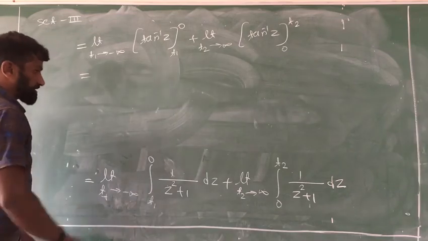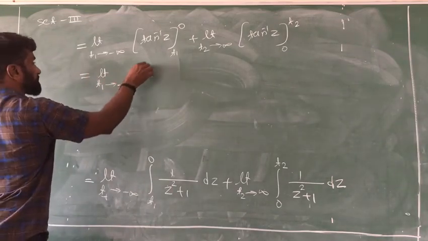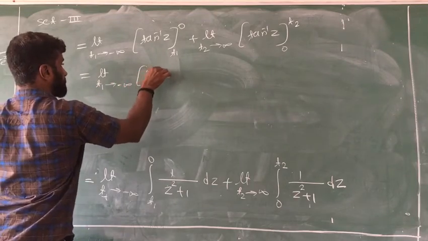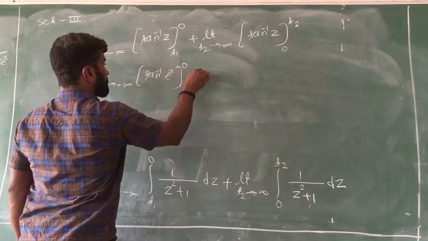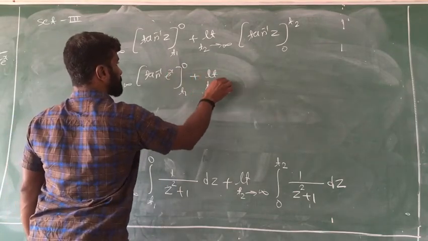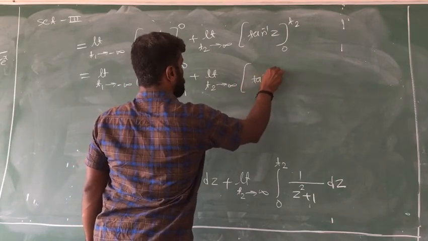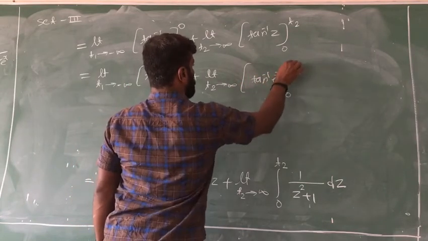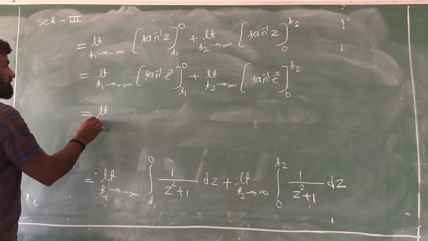Then what is z? Replace z in terms of e raised to x: tan inverse of e raised to x from t1 to 0, plus limit t2 tends to plus infinity, tan inverse of e raised to x from 0 to t2, isn't it? Then upper limit minus lower limit.